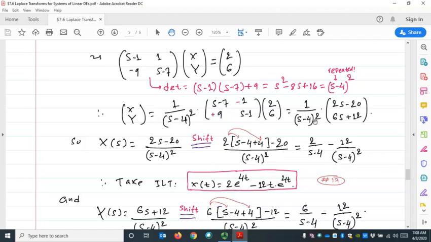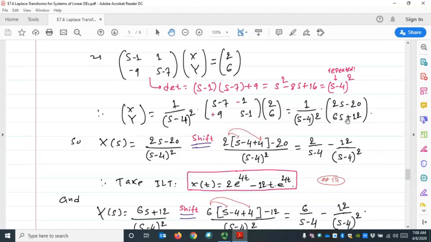1 over s minus 4 outside square. Then multiply these two matrices, multiply horizontally, multiply vertically, and add them. So, for example, s minus 7 times 2 minus 1 times 6. This is the 2s minus 20.